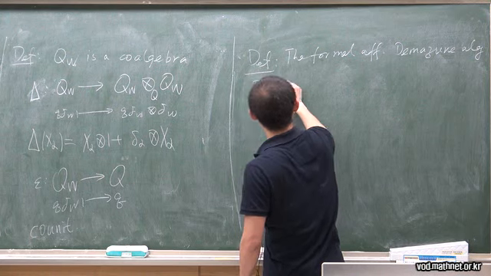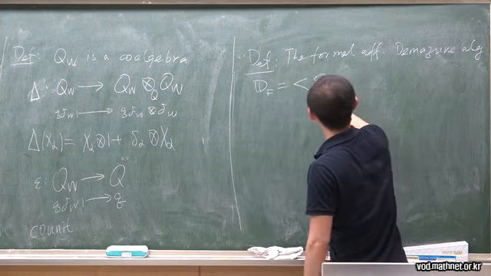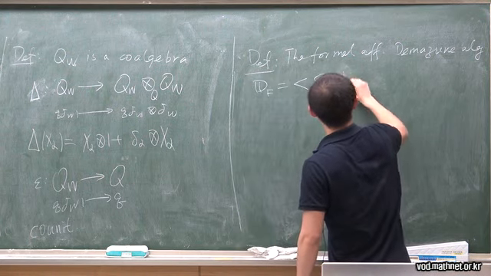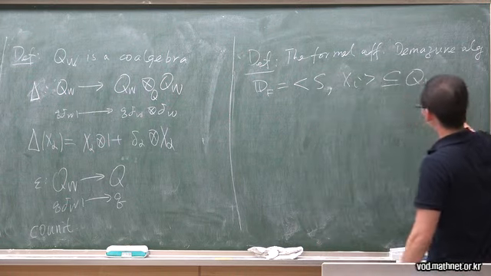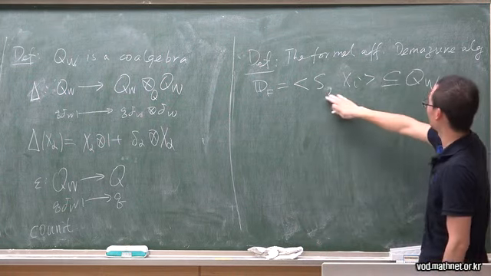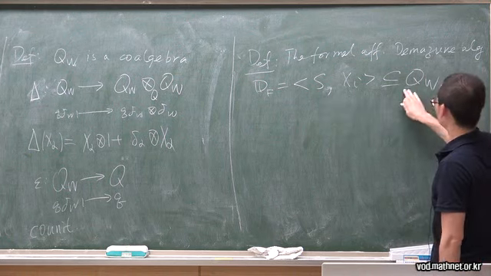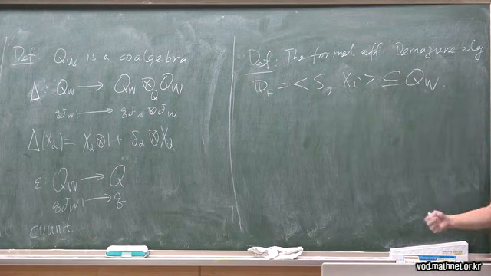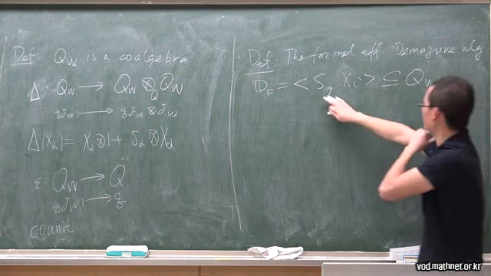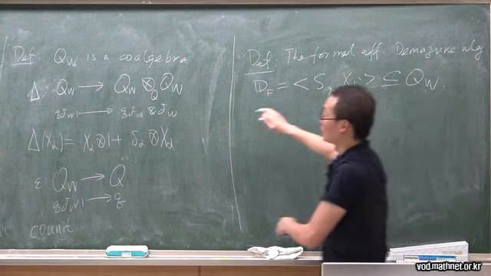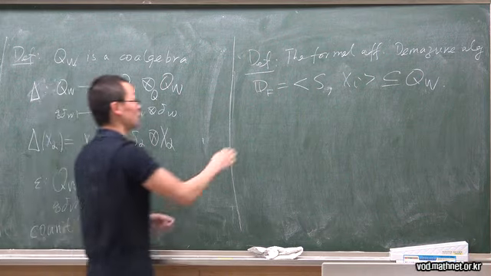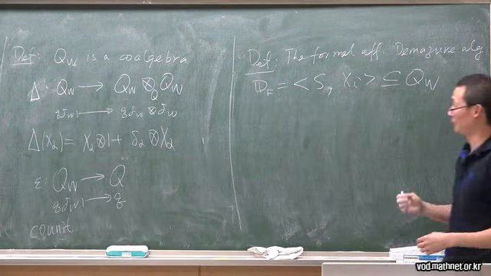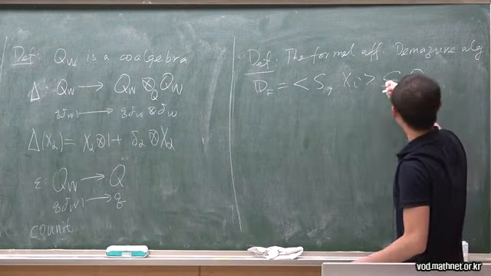F is defined to be the subalgebra generated by S and X. So that's an element in QW, and S is a subset, subring of QW, the subring generated by such things. Now, because you have this relation, so you see this is not a commutative algebra. It's not commutative. So that's the formal affine dimensional algebra.